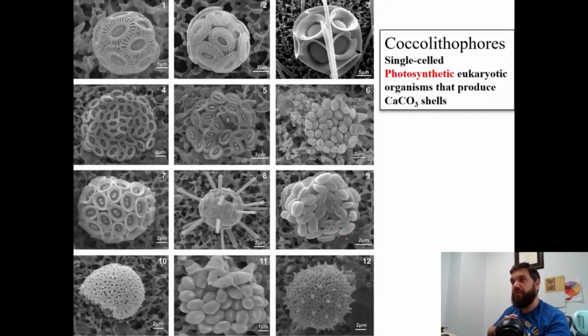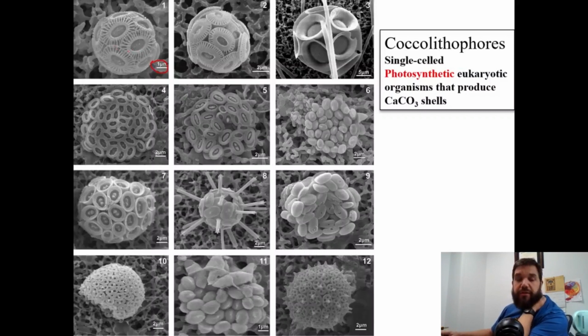These are called coccolithophores. Notice these are a lot smaller. Some of these things are just like 1 micrometer across. I always think these things look like weird soccer balls or something like that. That's how I remember how they look. But coccolithophores are, again, warm water, photosynthetic, eukaryotic organisms.